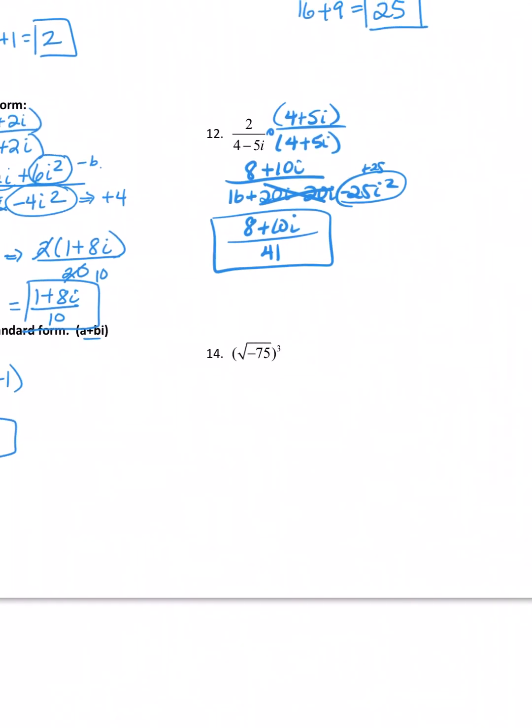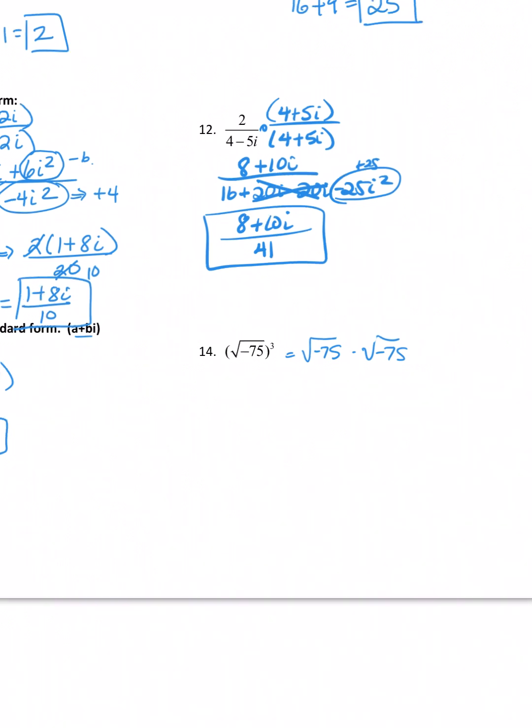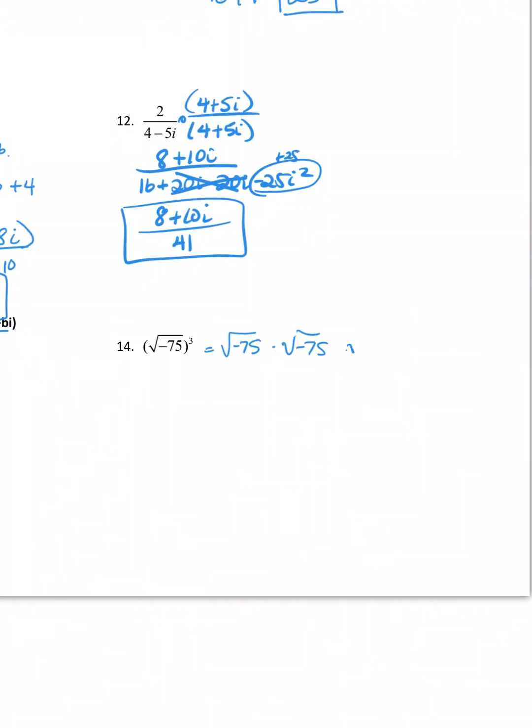What about this one? Square root of negative 75, cubed. All right, so be careful here. That means square root of negative 75 times the square root of negative 75 times the square root of negative 75. All right, there's a lot going on here.